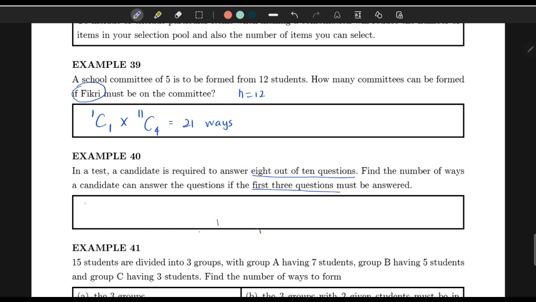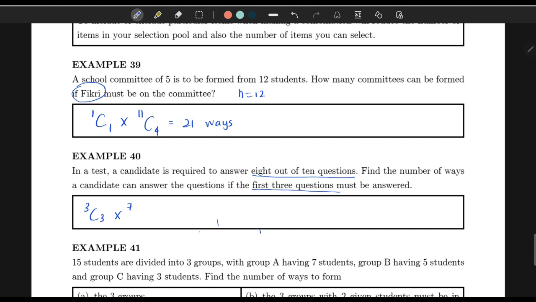So the first 3 questions is 3C3, and from the 10 questions, a candidate already answered the first 3 questions, so the balance of the questions is 7.